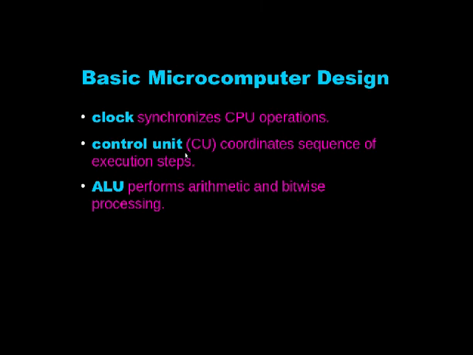The control unit is the main unit, and it's the unit that gives permission to every device and asks for the instruction from the memory. It's the coordinator of everything in the CPU. We have the ALU, the arithmetic and logic unit, that performs the arithmetic and bitwise operations.